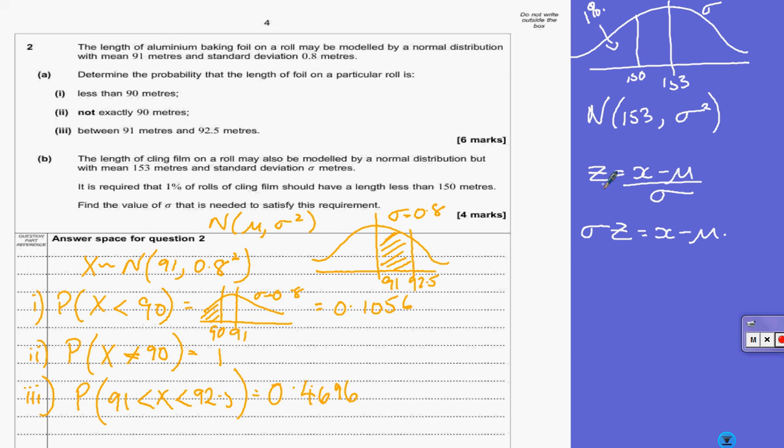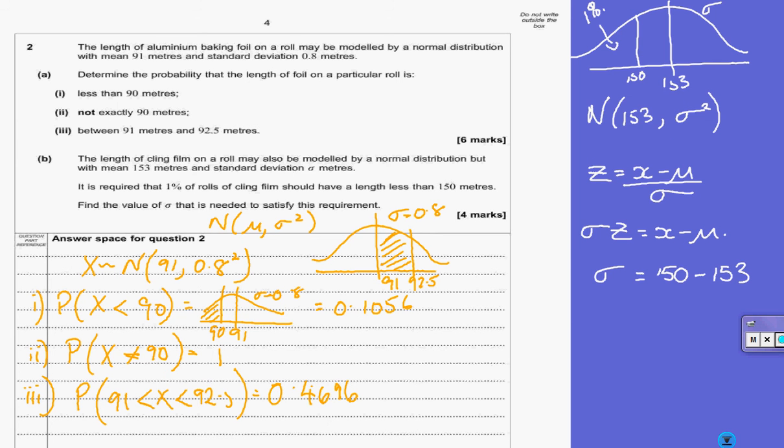However, the first thing you've got to work out is z, because we know x is our 150, the value we're interested in. We know mu, because they've told us that's 153. We don't know sigma, so z is the only other thing we need to find. We can find it with our inverse normal.